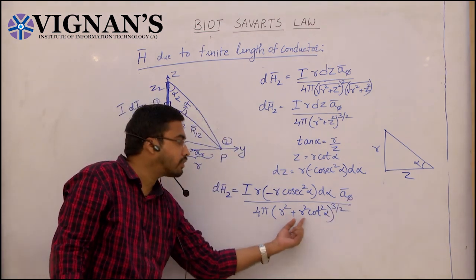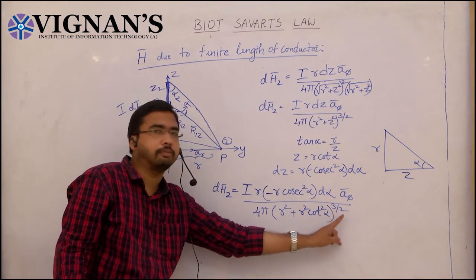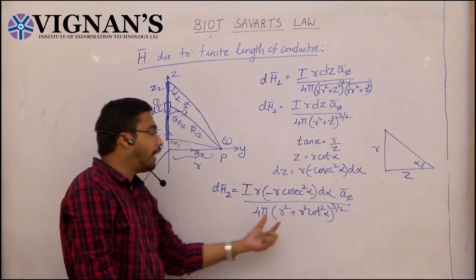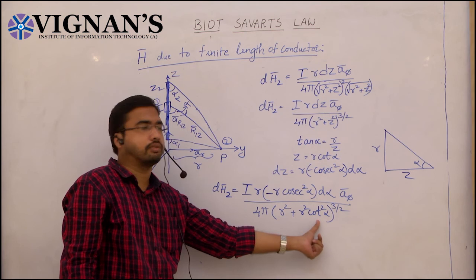If we take R square as common, R square whole power 3 by 2 means you will get R cube, and 1 plus cot square means cosecant square.